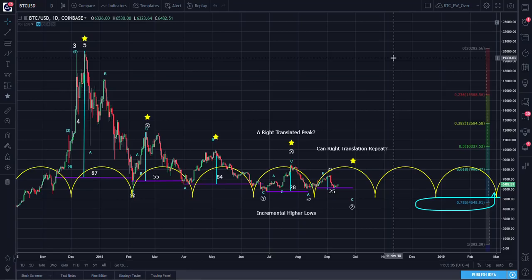Would I be embarrassed to have my primary count invalidated? Quite the opposite. I'll be very proud. I'll be proud to change on a dime from my primary to my alternate, because it shows that my processes for analysis are working.